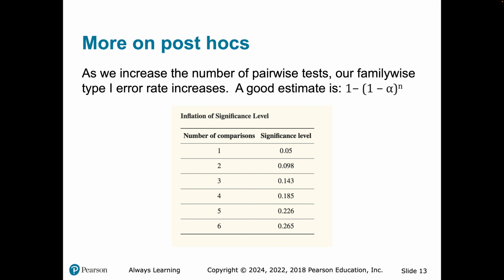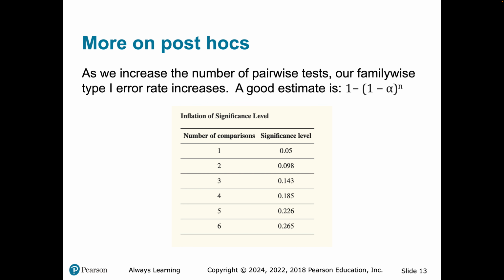So just to give you an illustration, as we increase the number of pairwise tests, our family-wise type 1 error rate increases. A pretty good estimate is 1 minus alpha raised to the nth power. So at 0.05, if we do one comparison, then we're going to make a type 1 error about 5% of the time. If we do 2 comparisons, then about 10% of the time.